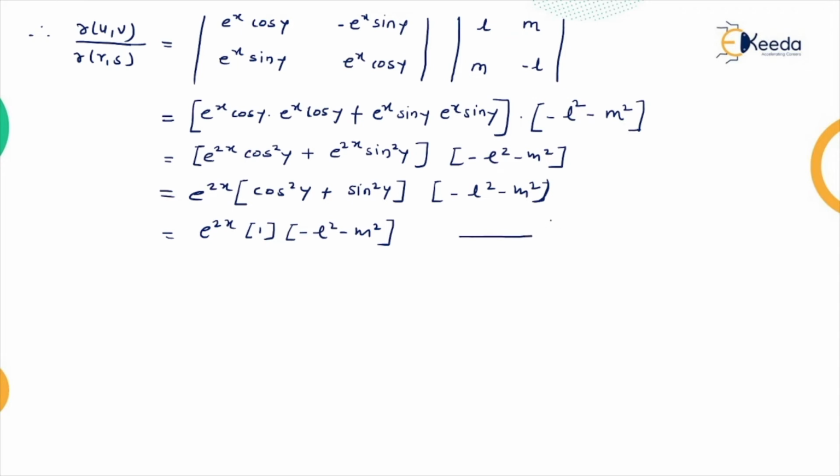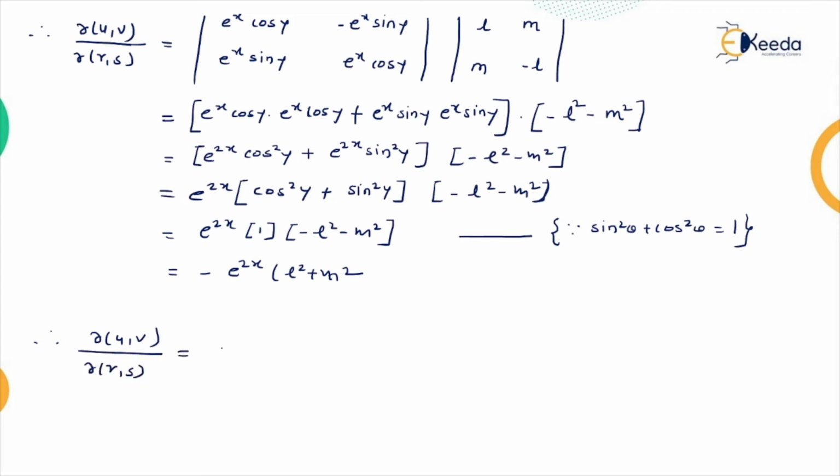The reason here is sin square theta plus cos square theta equals 1, that is a trigonometric identity we have to use. So therefore this is equal to, minus taking common, e to the power 2x into l square plus m square. So clearly ∂(u,v)/∂(r,s) is equal to minus of e to the power 2x, inside the bracket l square plus m square, and this is your answer.